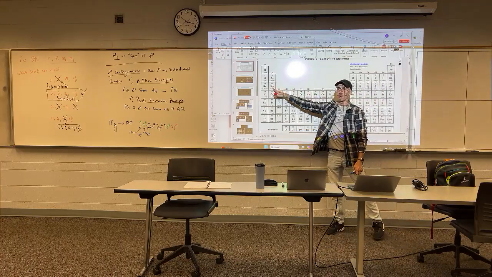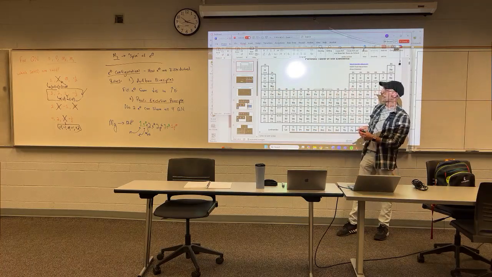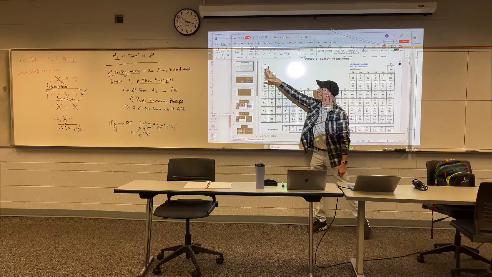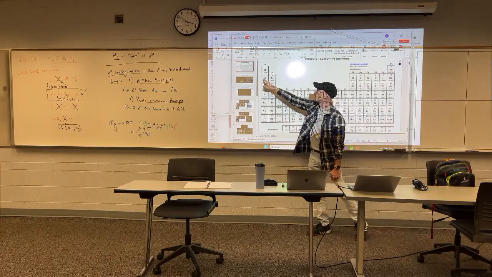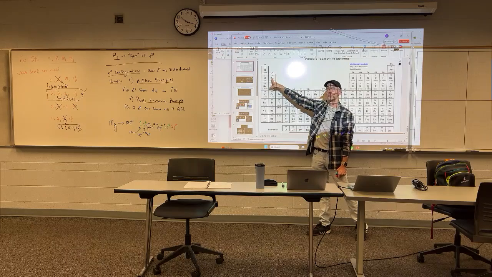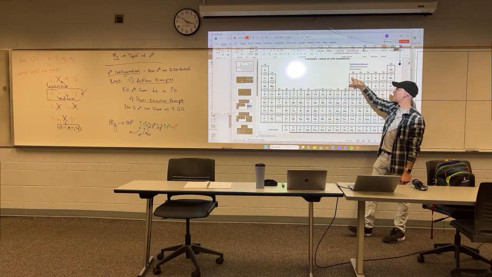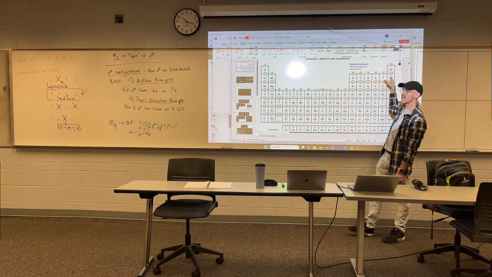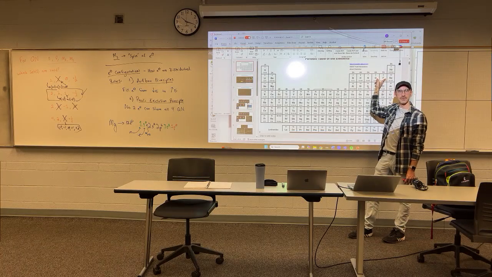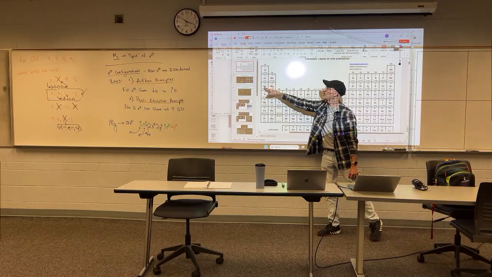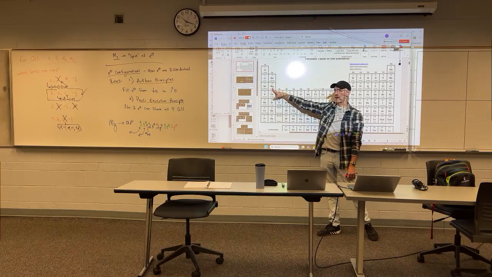We skip over this whole block. But I do want you to pay attention. 1s2, 1, 2, 1s is done. 2s2, 1, 2. 2s is done, but 2p is not. 2p6. These electron configurations are reading the periodic table until you get to your element, your atom.